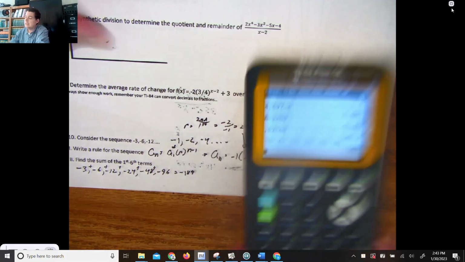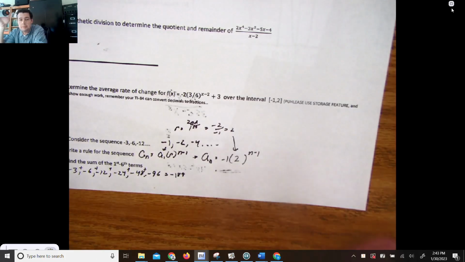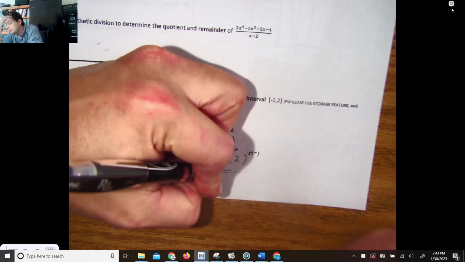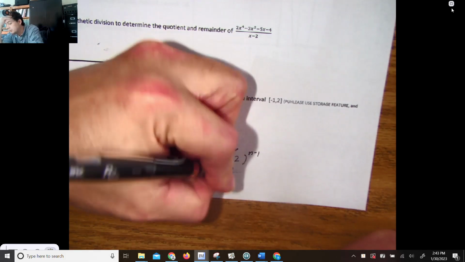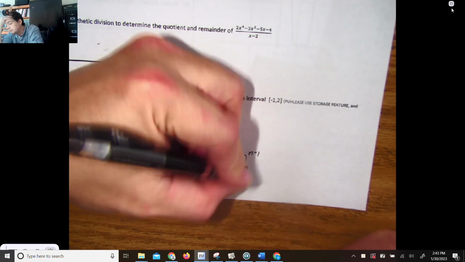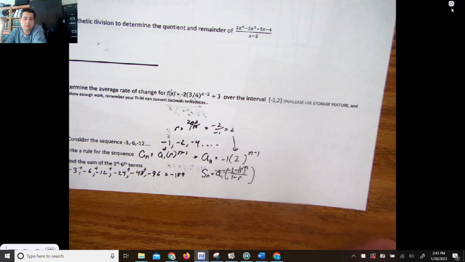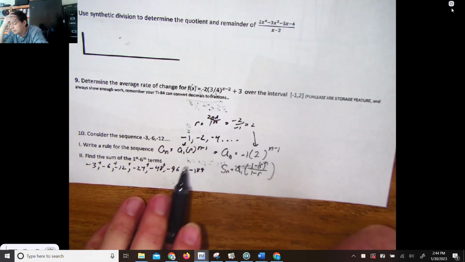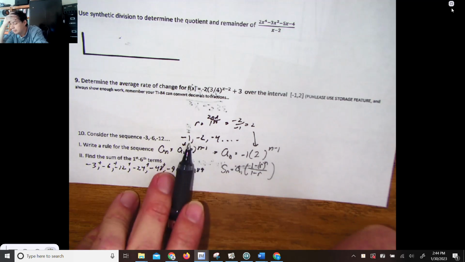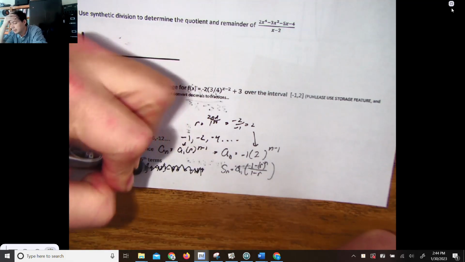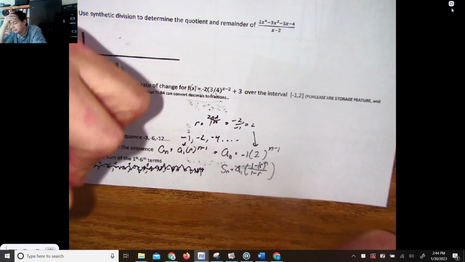Not hard to do. For some of you, it might be quicker to use a formula. The sum of n things is a sub 1 times 1 minus r to the n over 1 minus r. But you might forget the formula too. The first thing that we saw here was a -1. Oh, phooey. Let me go back and do this right.